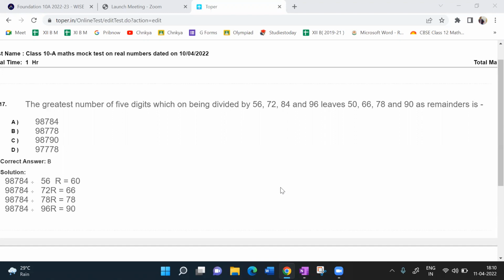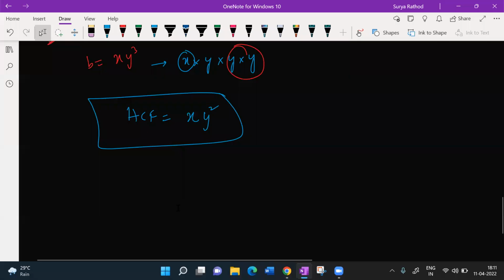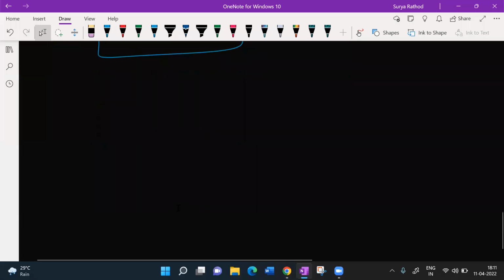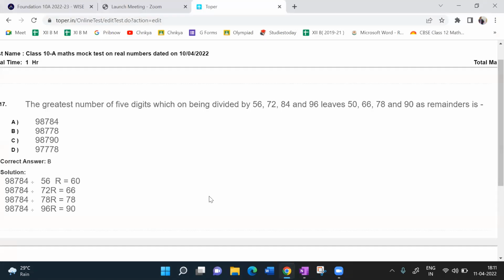Don't worry. Let me write here. Which is divided by 56, 72, 84, 96 leaves the remainder. So everywhere you are getting 6. That is the magic.